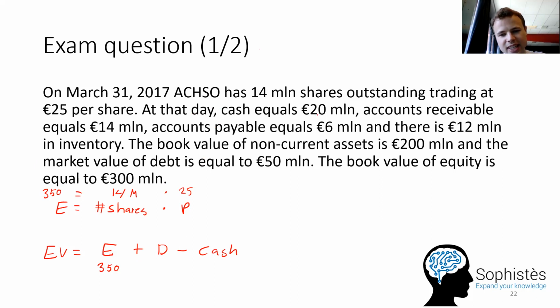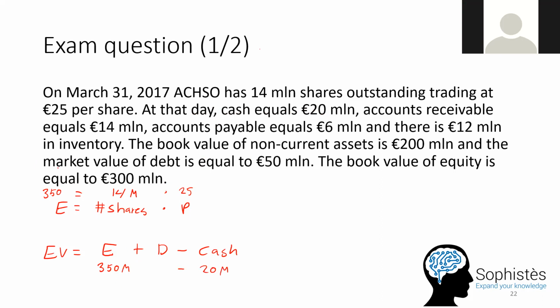At that day, cash equals 20 million. Do we need that? Yes, we need it for the minus cash. Accounts receivable equals 14 million. Do we need that? No, I don't believe so. Accounts payable, no. 60 million inventory, no, we don't need that as well.